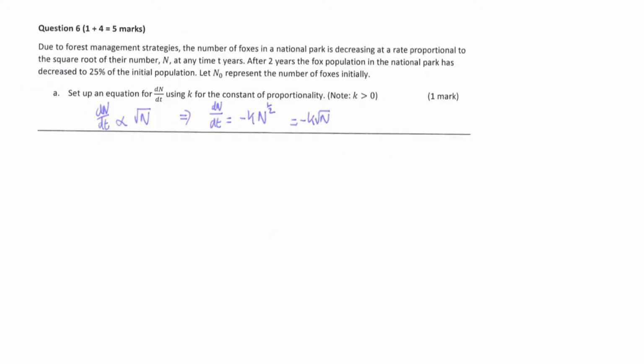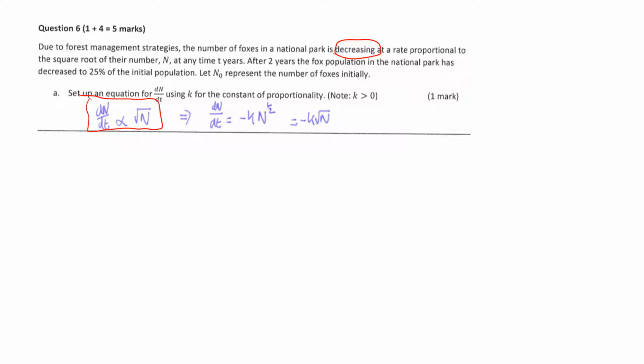Okay, question 6 was a nice application question, but very doable by hand, which was kind of neat. Okay, it's all about foxes decreasing in a national park at a rate proportional to the square root of their number at any time t years. So that's where this response comes from. So the rate of change of n, the population of foxes, with respect to time is proportional to the square root of n.